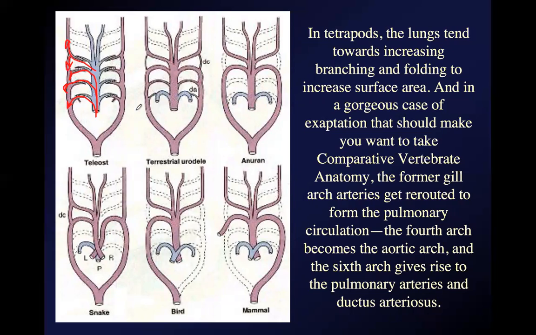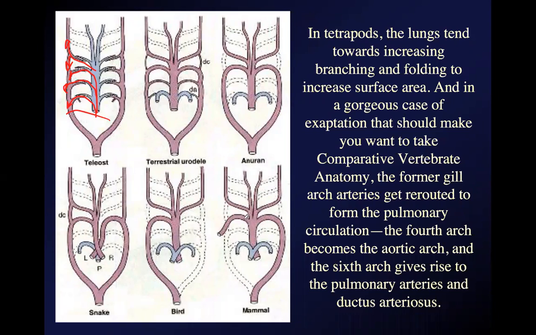What's happened in the evolution of land mammals or land vertebrates, not just mammals, is that those gill arches have gotten rerouted. And one particular branch of them, the arteries and veins of the sixth gill arch, end up forming the pulmonary circulation.